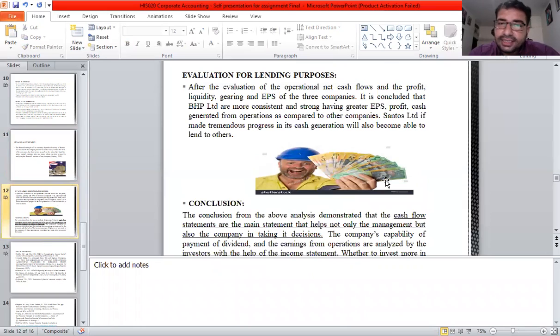Evaluation of the companies for lending purposes, after looking at all the statements of all the companies.